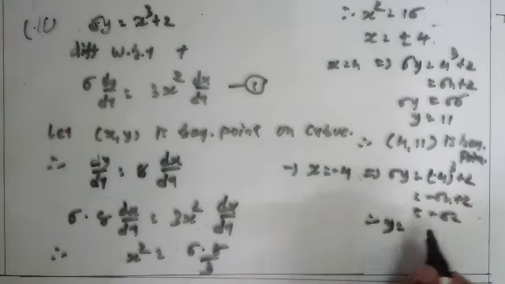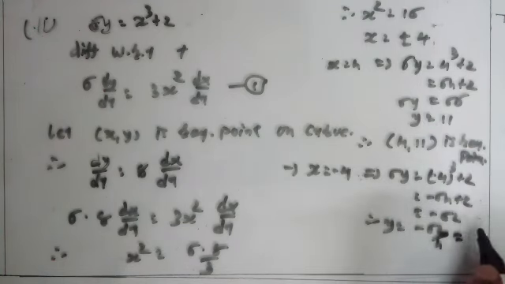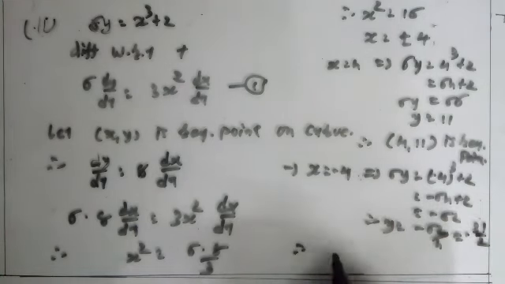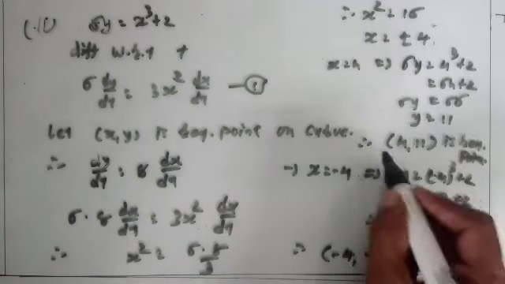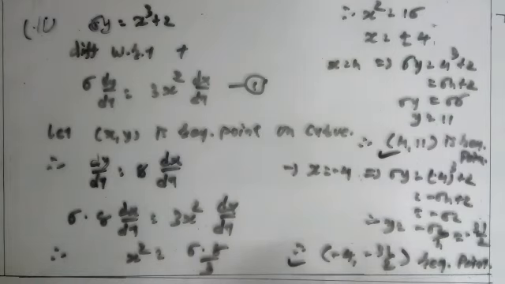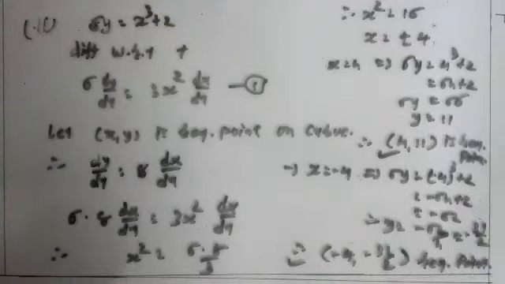Therefore, y is equal to minus 62 upon 6, so it becomes minus 31 upon 3. Therefore, the second point becomes (minus 4, minus 31 upon 3). This is the second required point. So there are 2 points where the y coordinate changes 6 times as fast as the x coordinate. Clear?